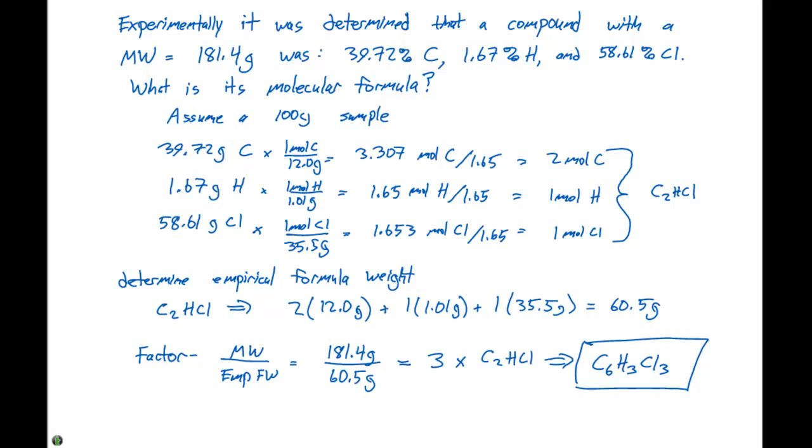In this case, our empirical formula was C2HCl, giving an empirical formula weight of 60.5 grams. Then we take the molecular weight divided by the empirical formula weight, which gives us a factor. So we multiply the 3 times the subscripts of the C2HCl, giving us C6H3Cl3. And this is the method that you will use if you're given some data and asked to calculate a molecular formula.